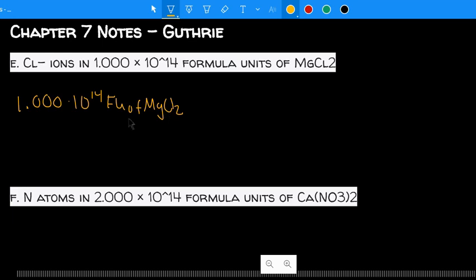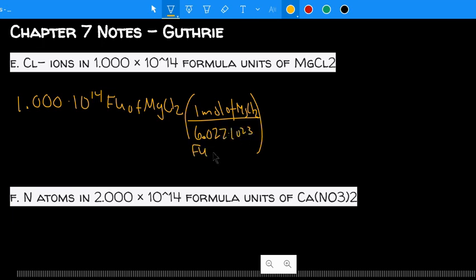I need to go to chloride ions, so we have to get to the mole bridge first to get there. So we know if we have 1 mole of magnesium chloride, I have 6.022 times 10 to the 23rd formula units of magnesium chloride.